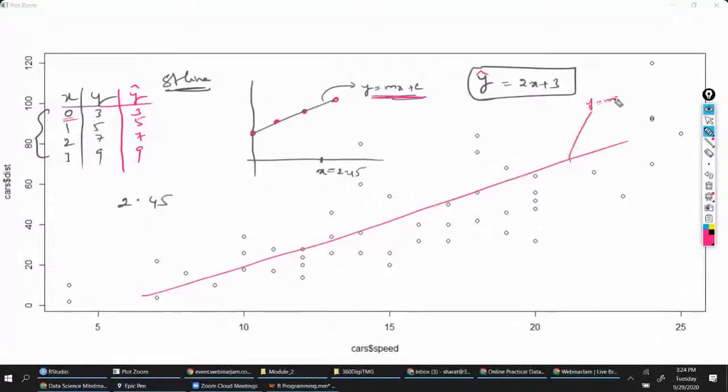But we are trying to come up with a mathematical equation, y equals mx plus c. So what we need to do is identify the line which passes through the data in such a way that it gives us the best fit. Best fit means it should give us this y, when I substitute x, as close as possible to the original data.